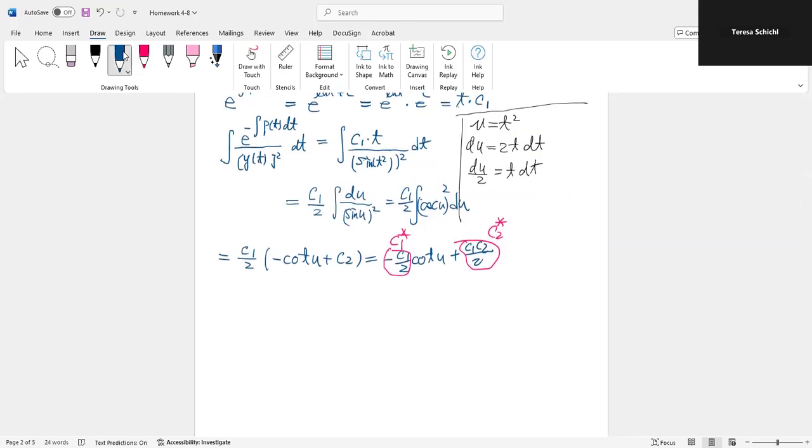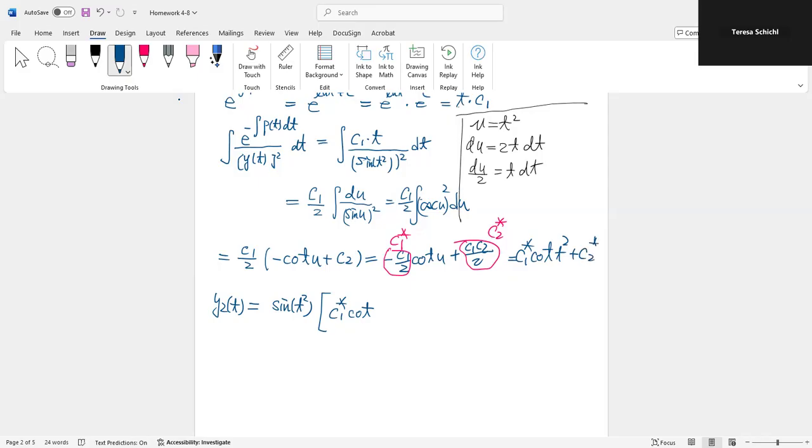Finally, I know my y2(t) will be y1(t), which is sine t squared, times what we just did. So this will be c1 star cotangent u, and I need to substitute back u, so it's cotangent t squared, plus c2 star.